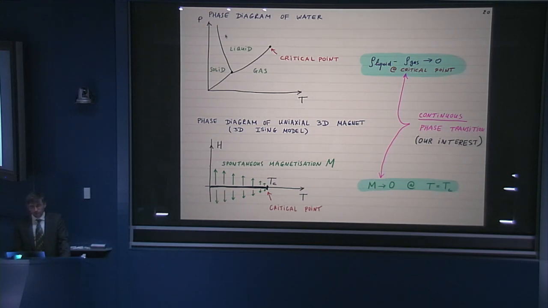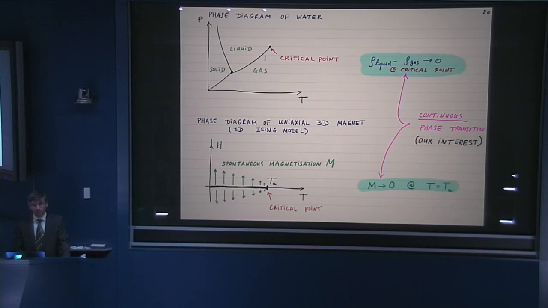Here, in the first part of the slide, I have the phase diagram of water, which means that for every temperature and pressure, I tell you in which state the water is: liquid, solid, or gas. But there is this interesting point on the phase diagram where the distinction between liquid and gas seems to disappear.